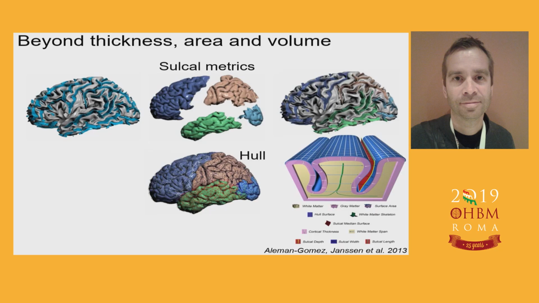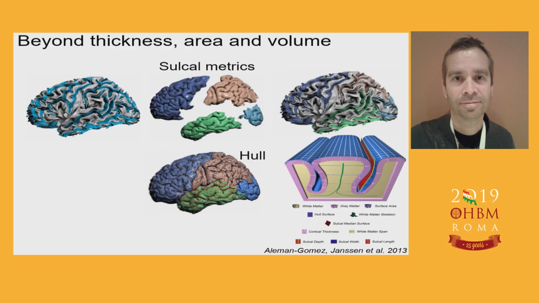You can actually parcellate these meshes, as you can see in the top row, the middle and the right figure, into regions, as you would normally do for a FreeSurfer parcellation. You can also derive what is called a brain hull. The brain hull is like a net that envelopes the cortical surface without encroaching into its sulci.